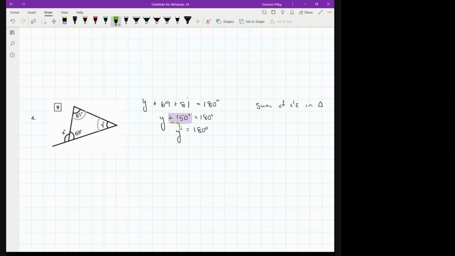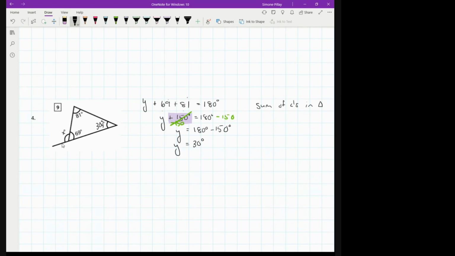By minusing 150 on this side and minusing 150 on this side. Plus 150 minus 150 cancels, and I am left with minus 150 on the other side. In other words, I transposed. Y is then equal to 30 degrees. Boom. I now know that y is 30 degrees.